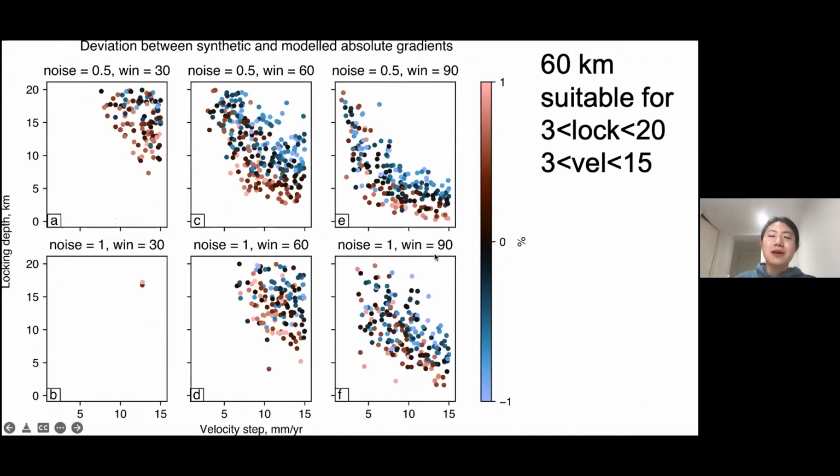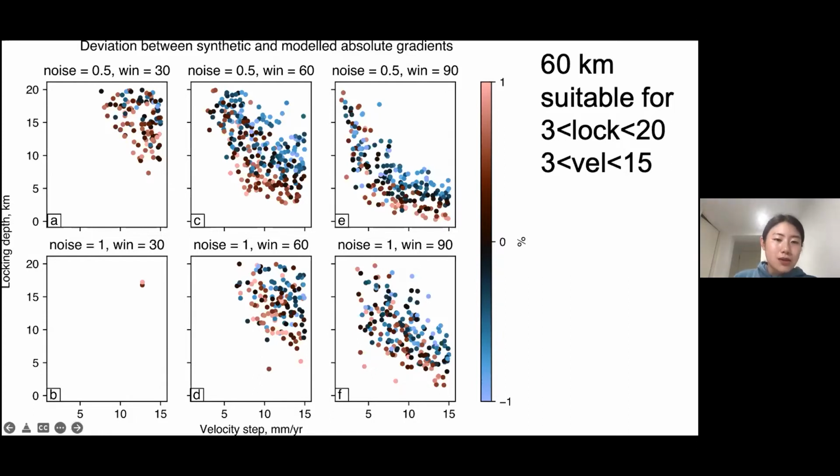because I believe my velocities have an uncertainty within this 0.5 to 1 millimeter per year range. And then these are the results with 30 kilometer filter, 60 kilometer filter, and a 90 kilometer filter windows.